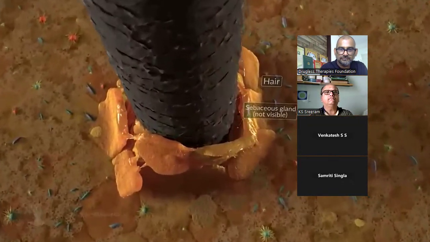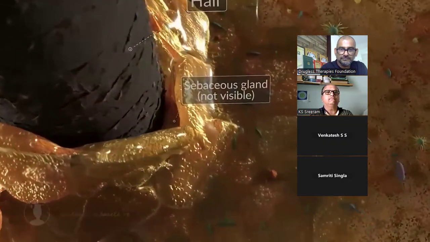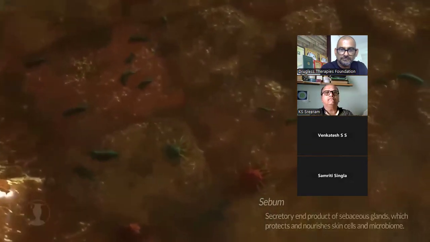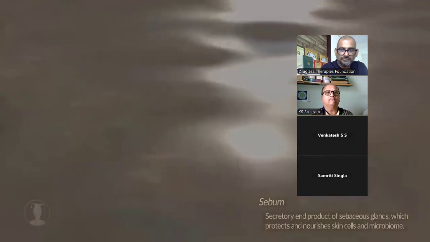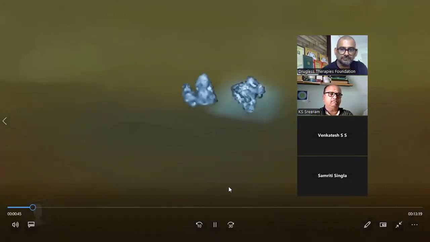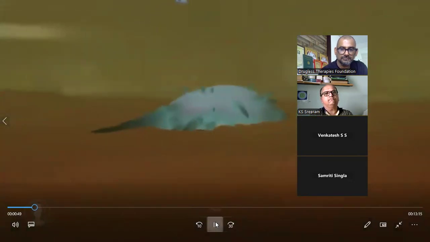However, the skin is also home to countless microorganisms. Among other things, they are nourished and protected by an oily fluid called sebum. Sebum is produced by sebaceous glands. Sebum also contains antimicrobial elements that can kill microbes.